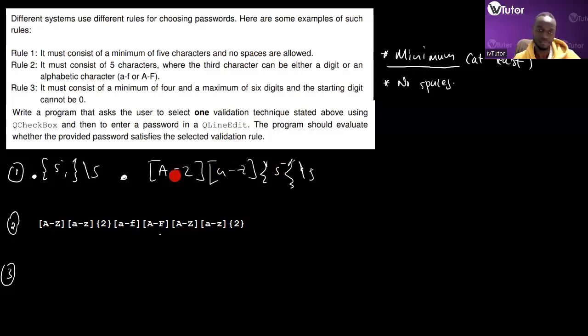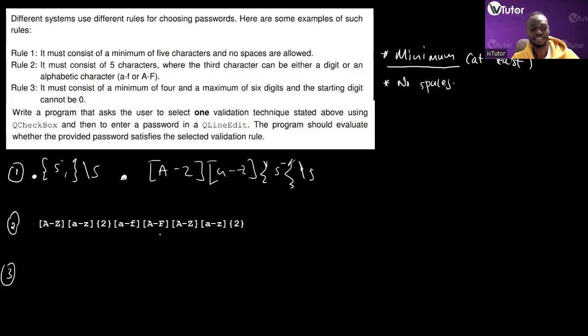So again, no. What you want to do, you just want minimum, which means at least. So I like this idea. At least 5. No spaces allowed. So what you would have done, now this is where you can use that not, because as long as it's not a space, you're okay. You just cannot use a not with a 0 because you still want numbers, just not 0.